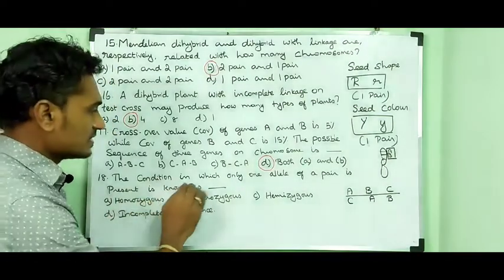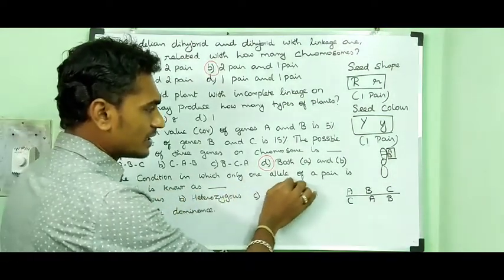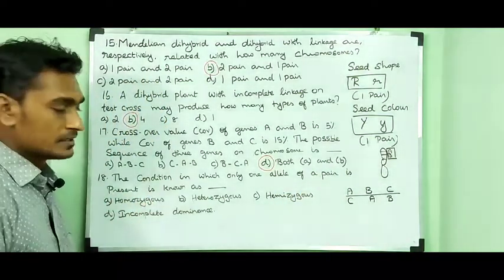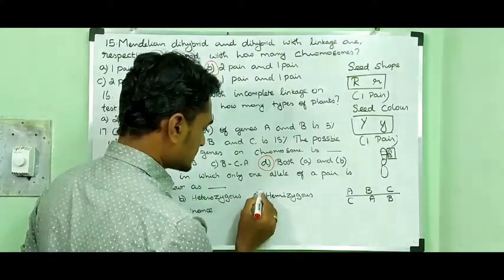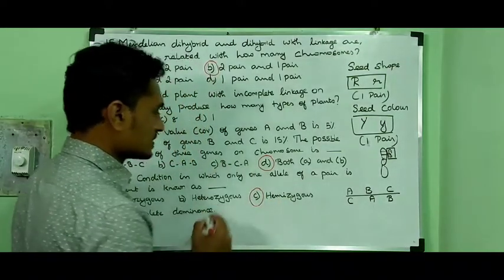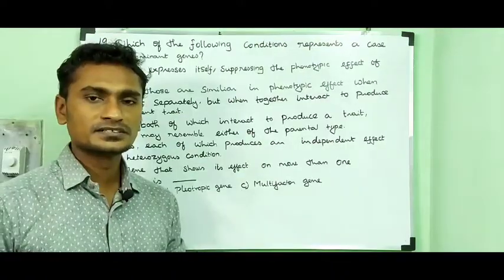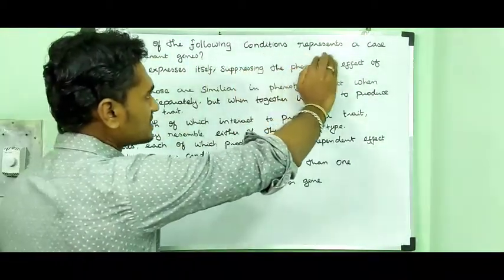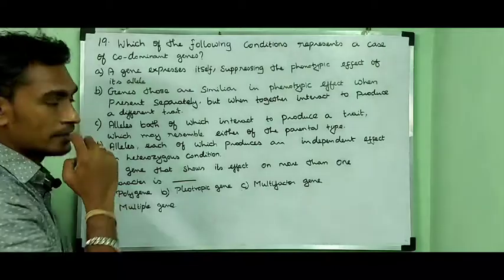The condition in which only one allele of a pair is present is known as hemizygous condition. 19th question: which of the following conditions represents a case of codominant genes?